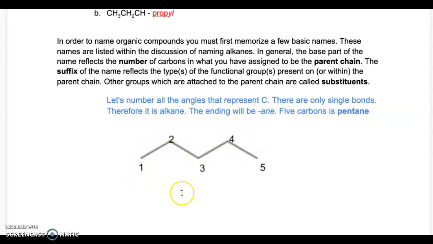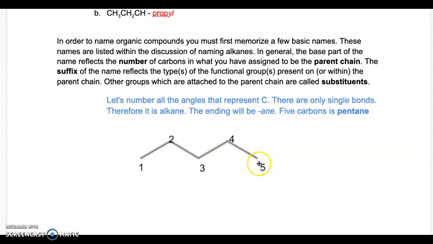So how do you determine what are the carbons in a skeletal structure? This is a carbon over here. Each angle represents a carbon. On the ends of the structure, those are carbons as well. For example, if you mark these areas with dots, you'll see that these are all carbons.